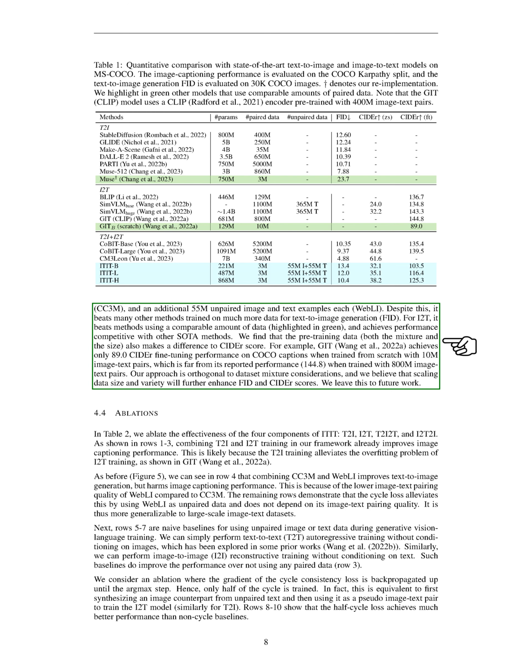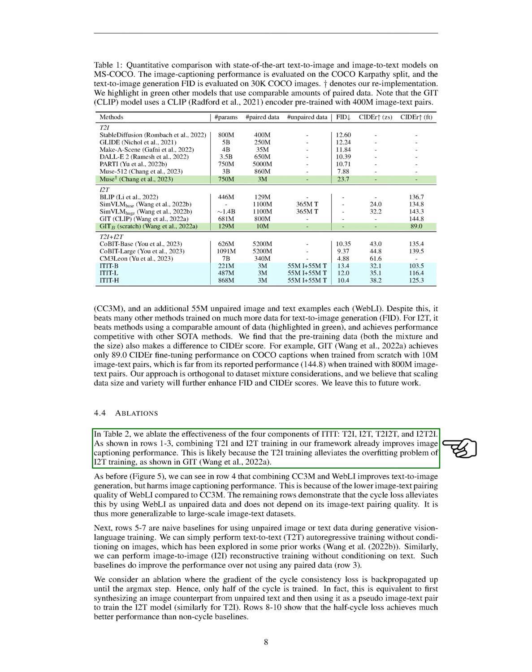For instance, the GIT model, when trained from scratch with 10 million image-text pairs, only achieves a CIDEr score of 89.0. This is far from its reported performance of 144.8 when trained with 800 million image-text pairs. We believe that increasing the size and diversity of the data could further improve our model's performance. We'll explore this in future work.